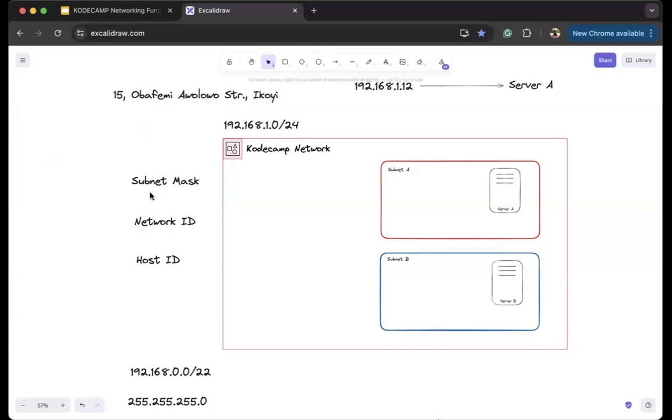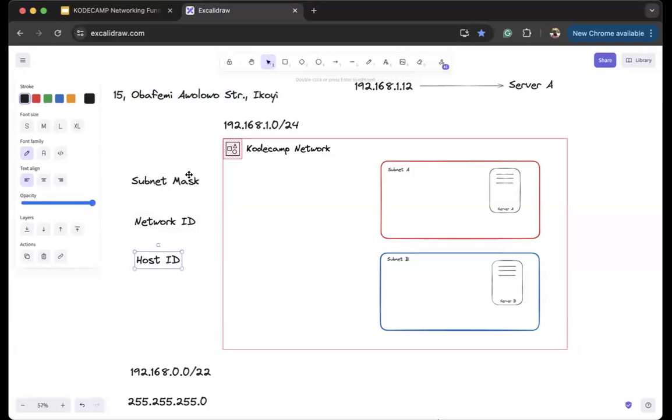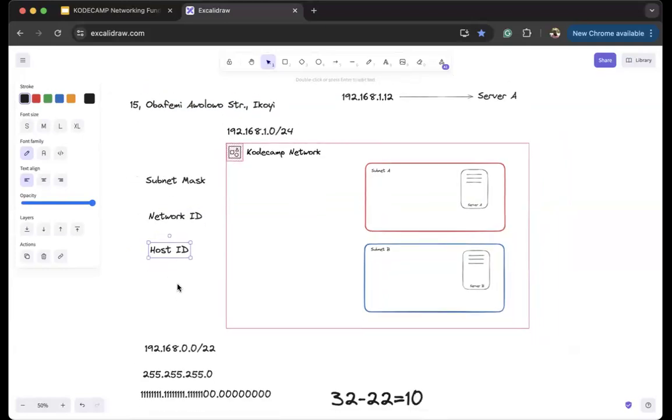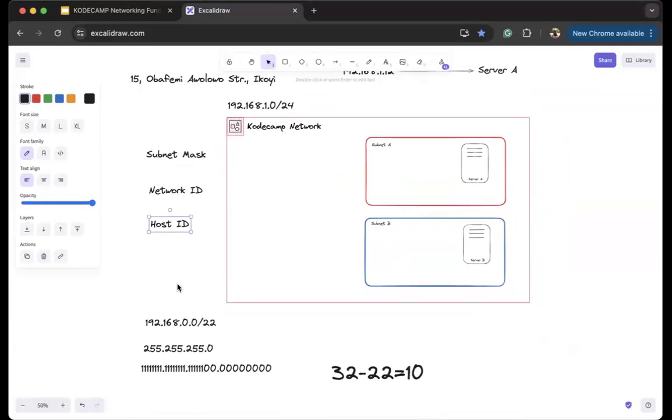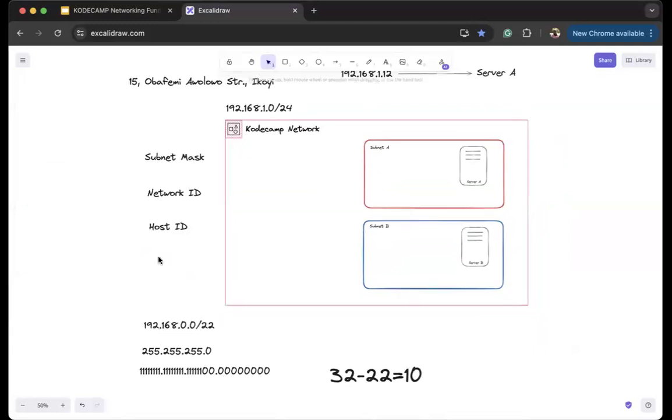So we have a street ID, the network ID, and you have a particular host inside the network as number 15, which represents that particular host on your network.